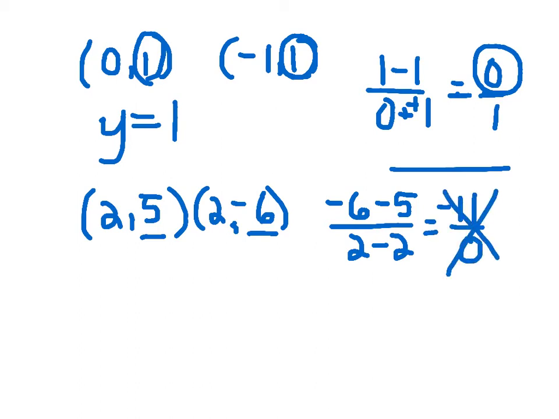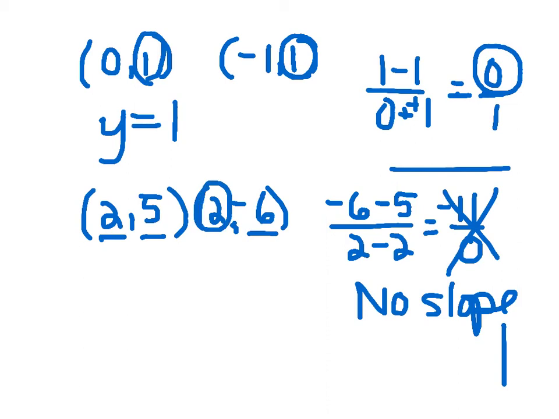Can't have that. That means there's no slope. No slope means a vertical line, and in a vertical line, the x's are always the same, and you might have noticed that. If the x is the same in 2 points, it's the same in all of them, that means the equation is x equals 2.